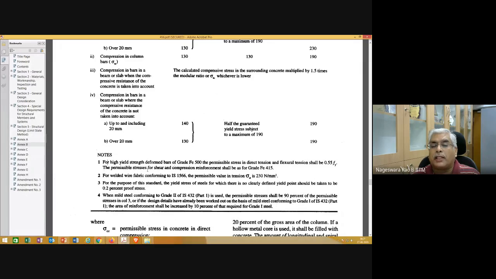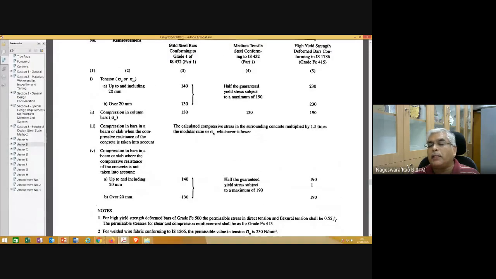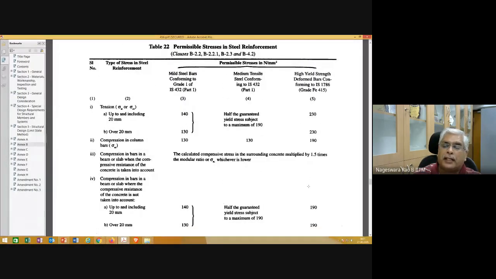The permissible stresses for shear and compression reinforcement shall be as per grade FE415. So this is how these permissible stress values are specified in the code. We need to make sure our permissible values are not exceeding these. And we'll be using these permissible values and designing the sections using this working stress method. Any questions here?